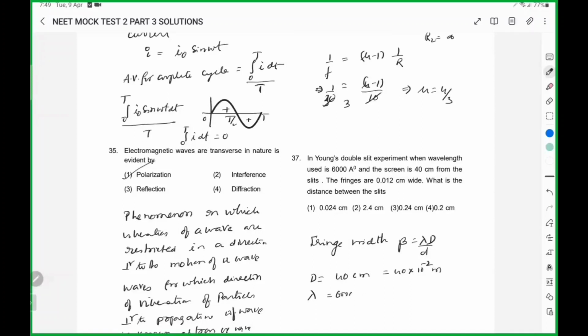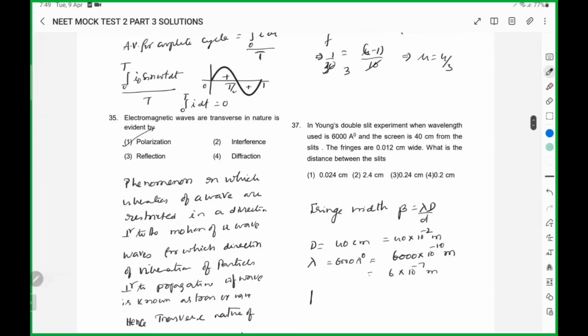Lambda is 6,000 angstrom, 6,000 into 10 power minus 10 meters, which is 6 into 10 power minus 7 meters. Fringe width he gave as 0.021 centimeters, 0.01 into 10 power minus 2 meters, which is 1.2 into 10 power minus 4 meters.